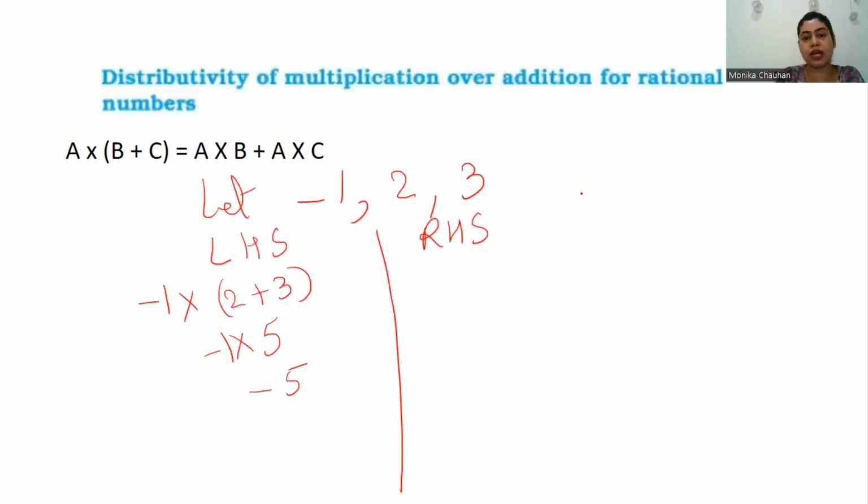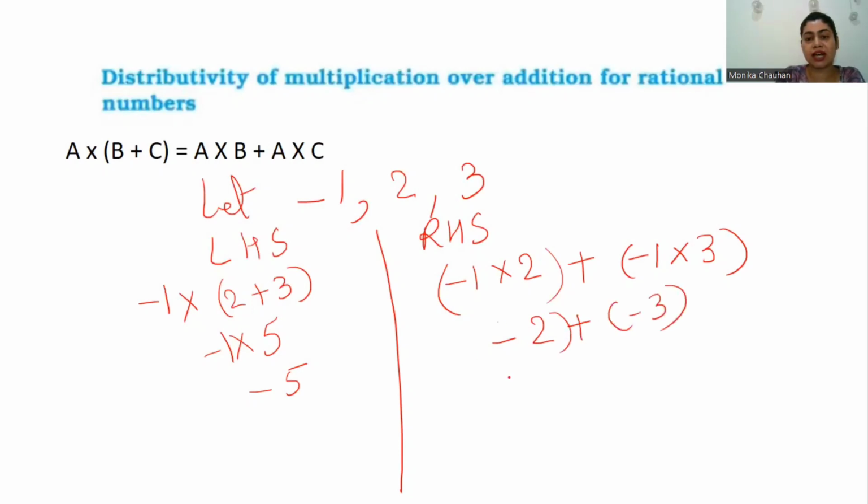Next we have A into B, so -1 into 2, plus A into C, which is -1 into 3, which is -2 plus -3, which again becomes -5.